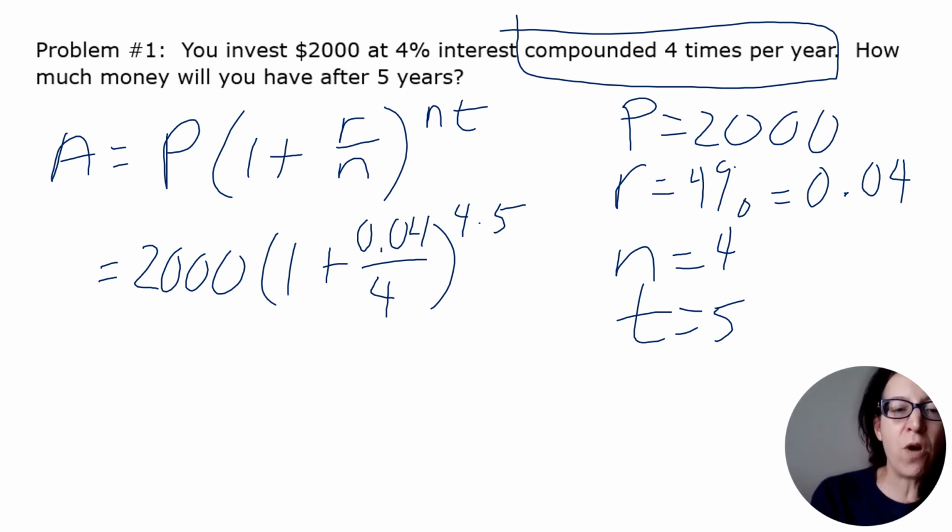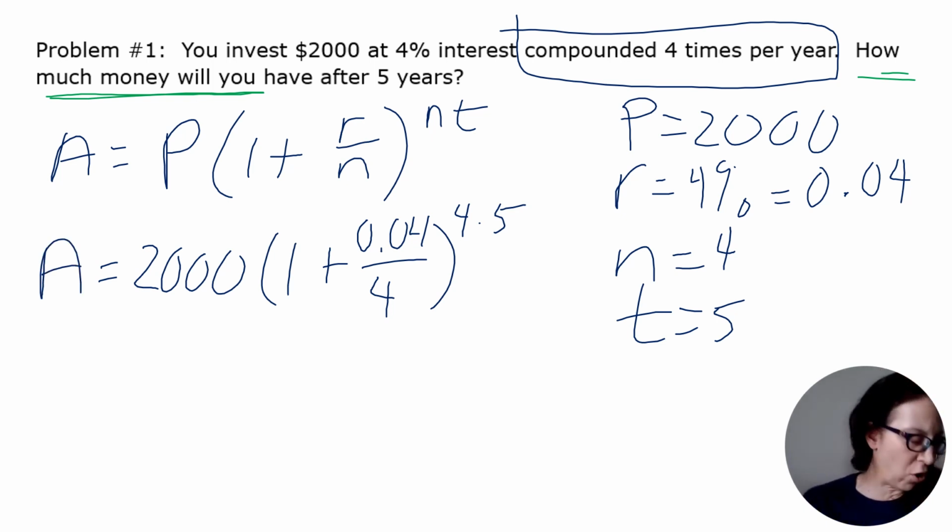What are we looking for? How much money will you have? So we are looking for that A value. So pretty much all we need to do here is dump those numbers in and use your calculator. If you are using Desmos, you should be able to dump this in as is. So you should be able to do the parentheses, the fraction, the exponent, all the things.